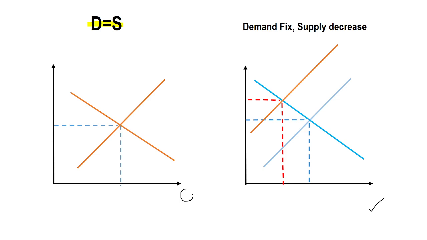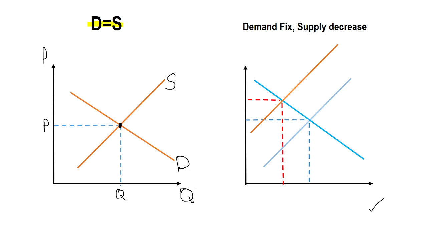Here this is the quantity, the y-axis is the price. It is very important to label the elements of the figure, so please don't forget to label all of them. Here we have the demand curve, here we have the supply curve, here is the equilibrium point. Here we have the quantity at the equilibrium point, and here we have the price at the equilibrium point.